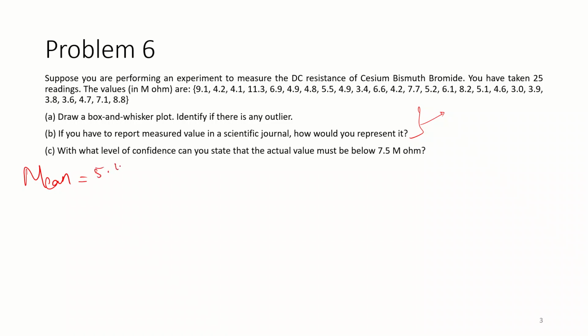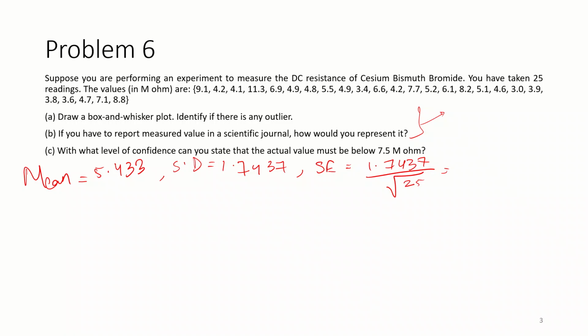The mean is 5.433 and the standard deviation is 1.7437. So the standard error is 1.7437 divided by root 25.